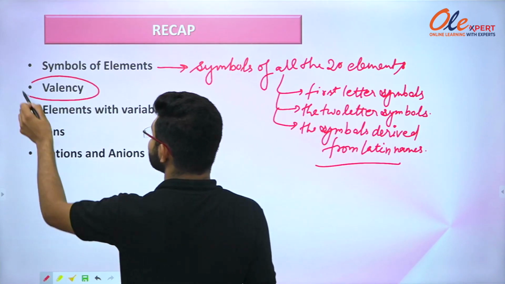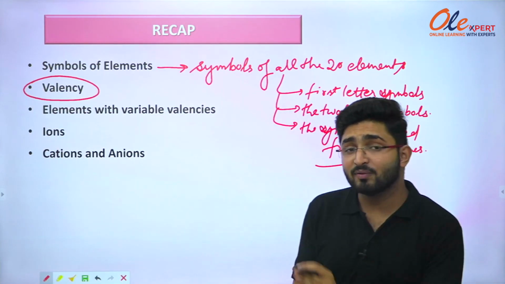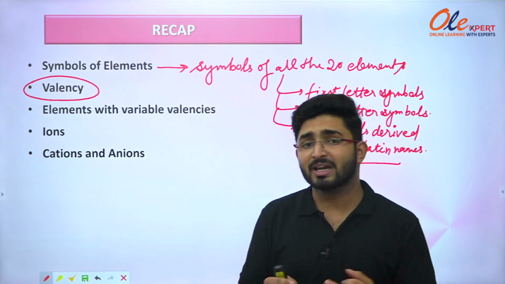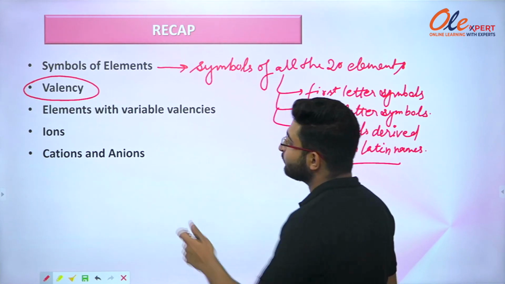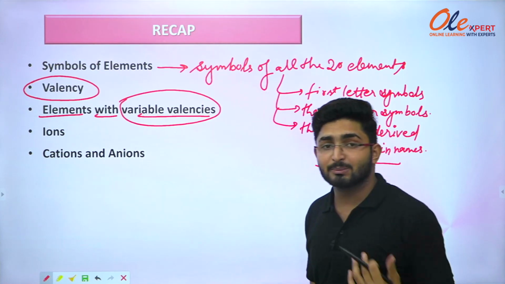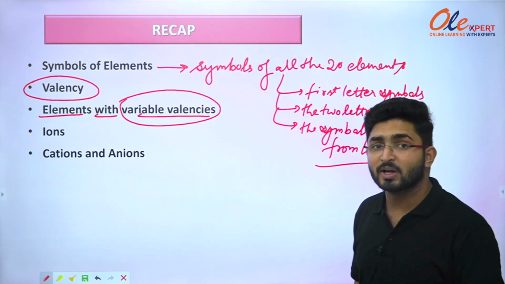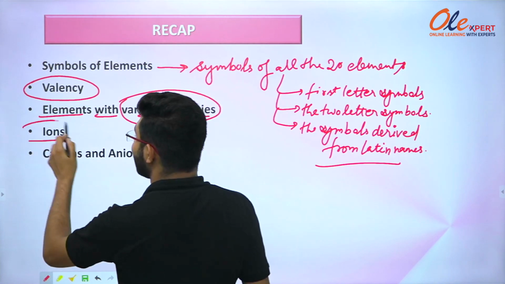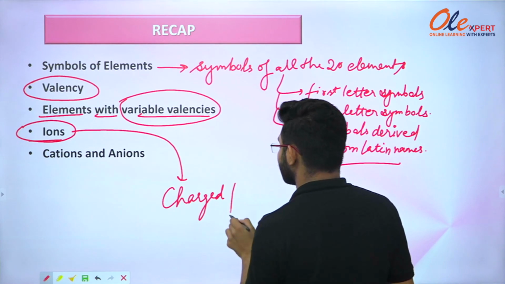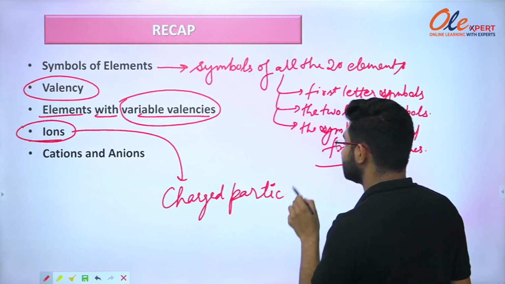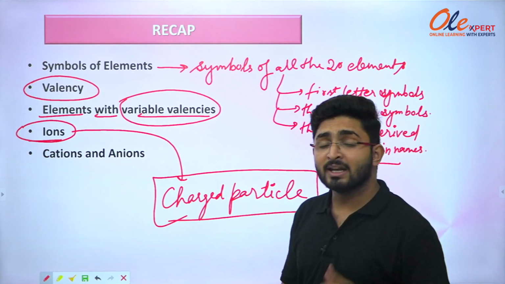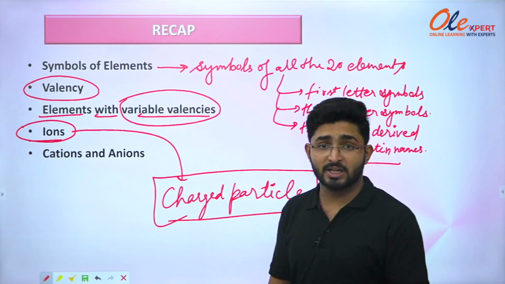And we have studied valency. Valency was the number of electrons that any atom wants to donate or accept to form a chemical bond. After that we considered the elements with variable valency. Then we studied ions. Ion is a charged particle formed when any atom accepts or donates electrons.